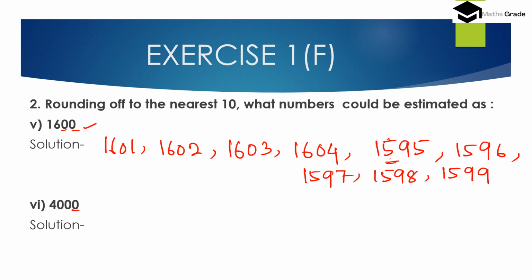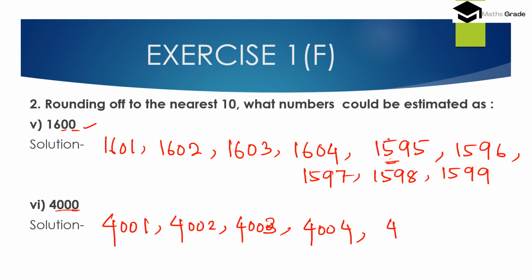Here the unit place digit is 0, the tens place is also 0 and the hundreds place is also 0. So the numbers that rounded to the nearest 10 will be 4000 are 4001. The unit place digit must be less than 5. Then it will be 4002, 4003, 4004.